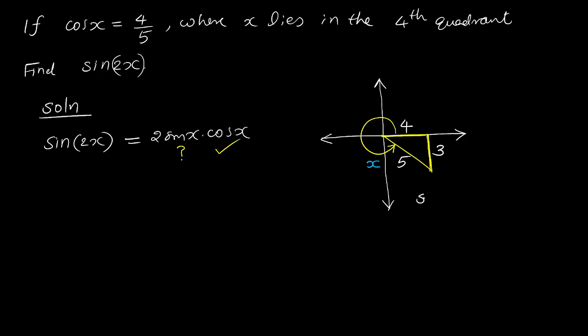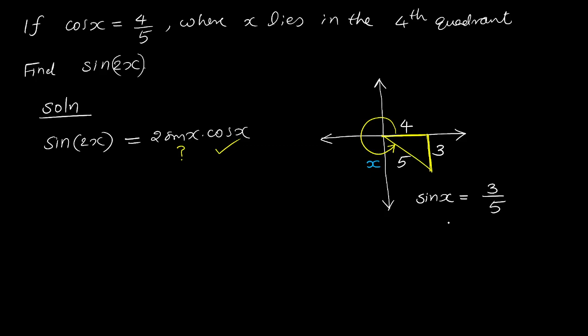Refer to this diagram. Or we can use the Pythagorean triplet too, sir. Okay, by Pythagorean triplet, that is also fine, no problem. Sin x equals opposite side by hypotenuse. But remember, if the quadrant is mentioned, don't forget the sign. So sin x equals opposite side by hypotenuse, 3 by 5.